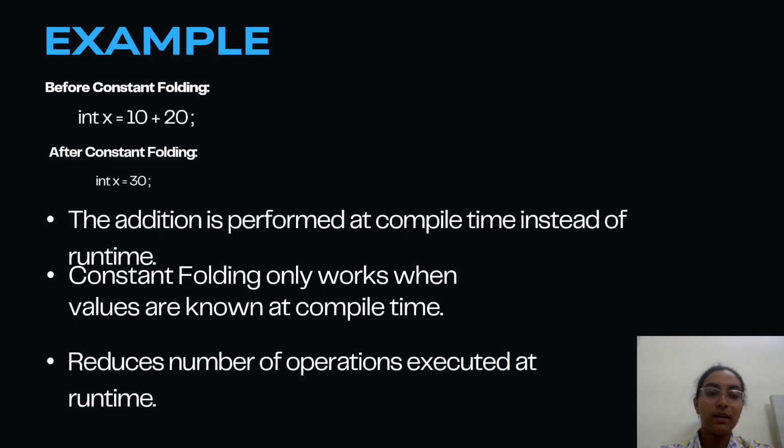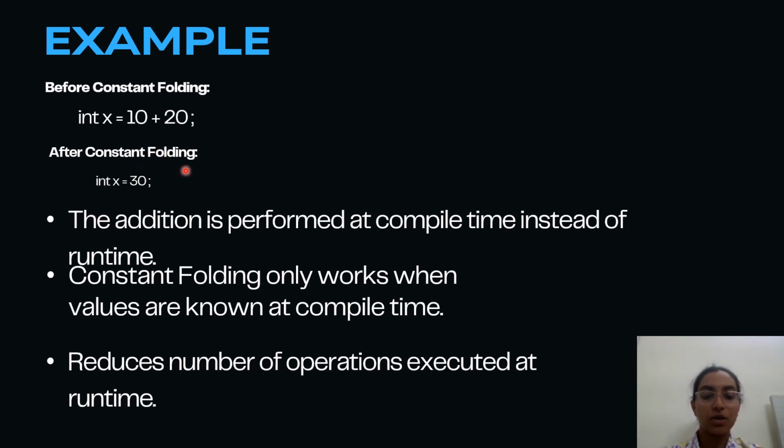Let's consider this example. Before constant folding, the code is written as int x equals 10 plus 20. Here, normally the addition would happen during the program execution. But after constant folding, it is int x equals 30.